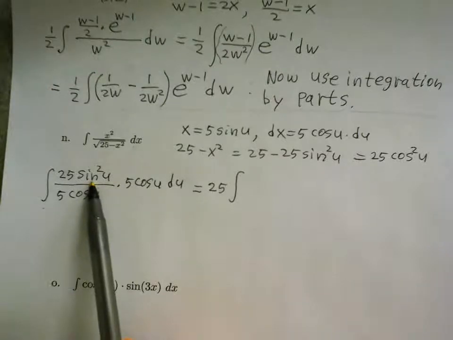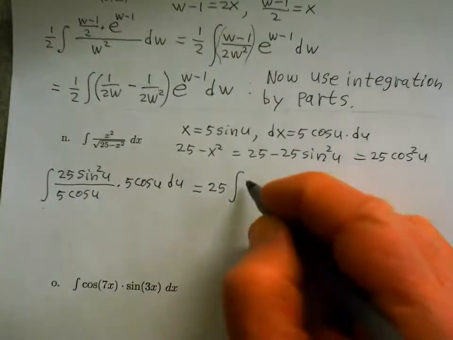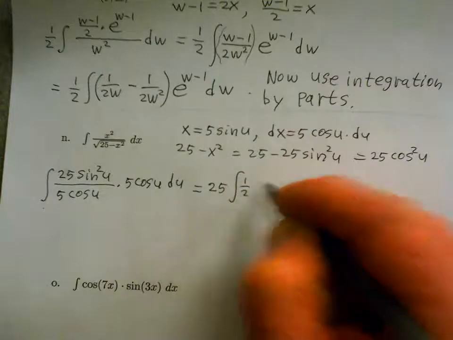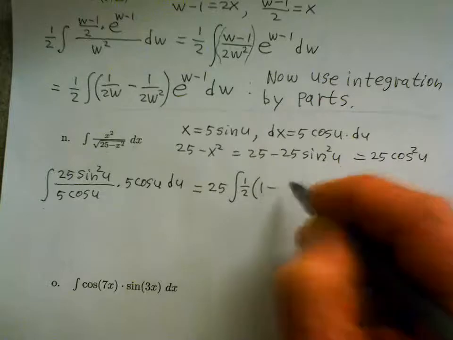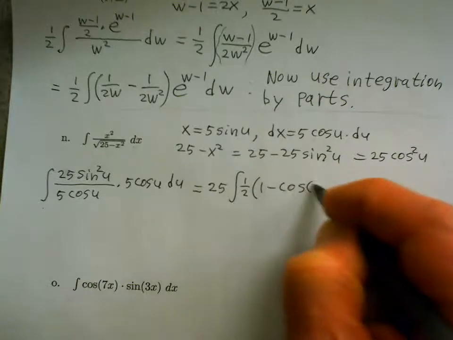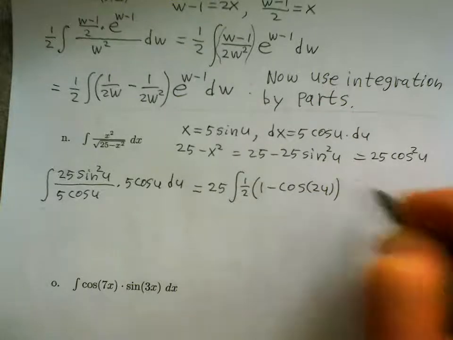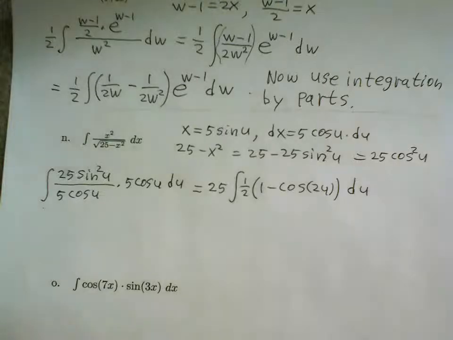Remember that sine of u squared can be written as 1/2 times the quantity 1 minus cosine of 2u. And we have a fairly simple integral to evaluate.